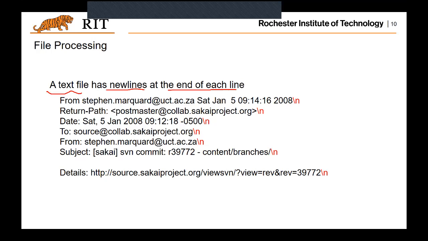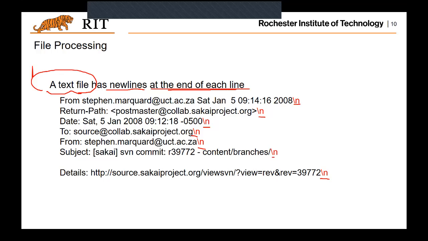As you can see here, even though you cannot see it when you open the file, there is actually a new line. That's how you can separate the whole file into different lines. Otherwise, it will output every single string one by one without any separation. So usually a text file has new lines at the end of each line.